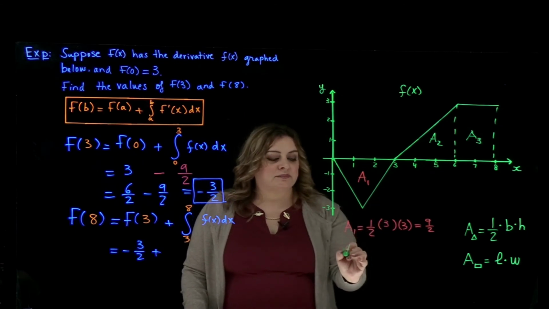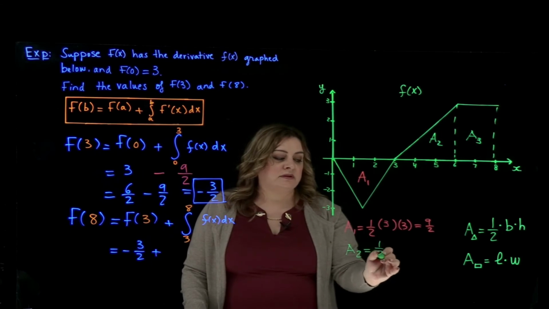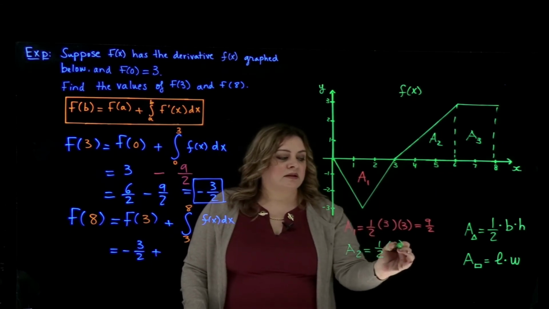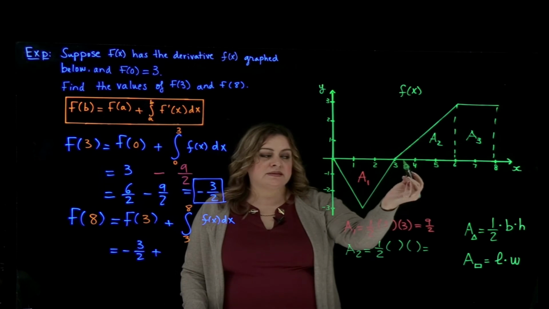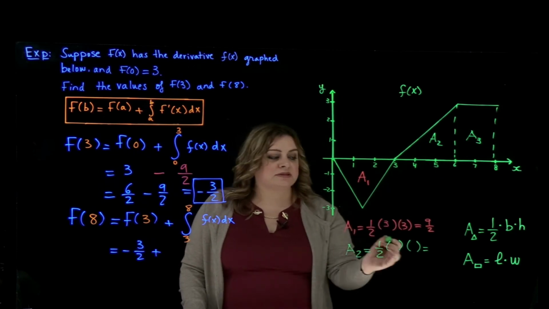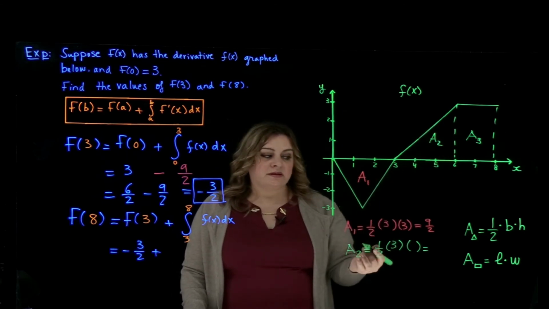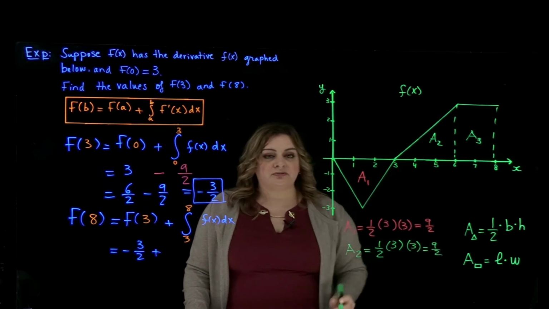To find A sub 2, this is going to be 1/2 times the base of the triangle times the height of the triangle. The base of this triangle is from x equals 3 to x equals 6, which is 3 units. The height is also 3 units, and this is going to be 9/2.